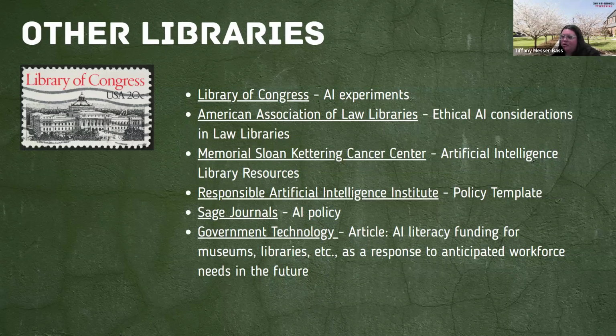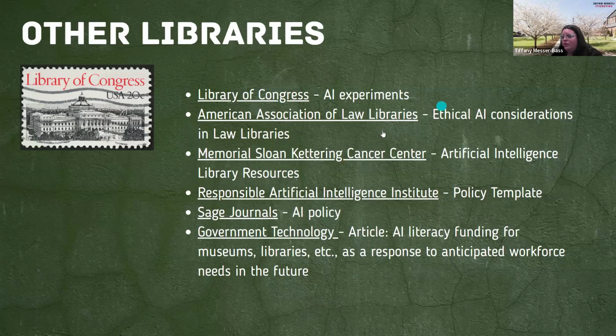Same for medical librarians. The Memorial Sloan Kettering Cancer Center has excellent resources. They have another LibGuide that I love so much. The Responsible Artificial Intelligence Institute has policy templates, and Sage Journals also has policy information as well.